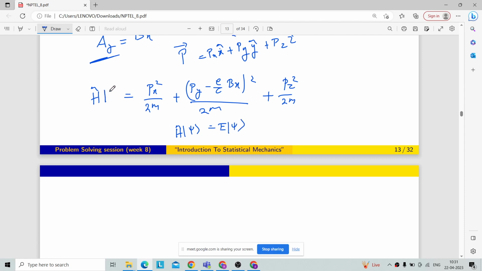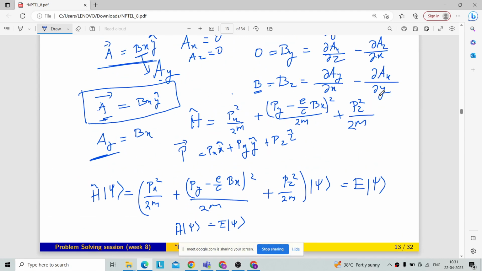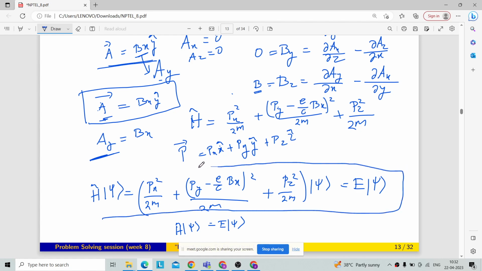So I have to just operate H on psi on one side, and this will give energy E psi, right? Now, so the first question is done. This is the Schrodinger equation for an electron in the magnetic field which is applied in the z direction.